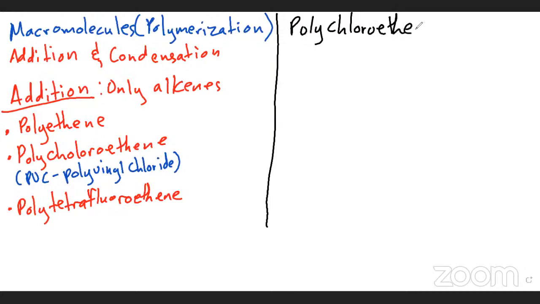For addition polymerization, the name of the polymer tells you the monomer, because all we do is put poly in front of the name. So polychloroethylene, the monomer is chloroethene. To name the polymer, all we do is put poly in front of the monomer.